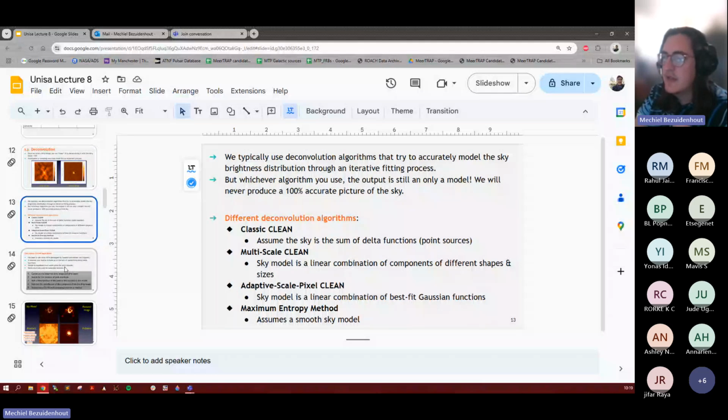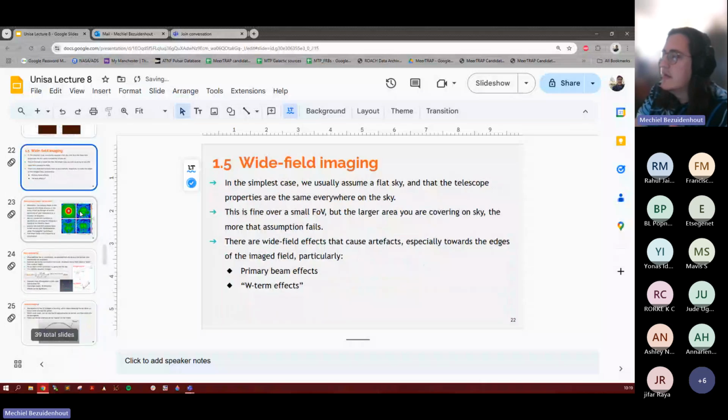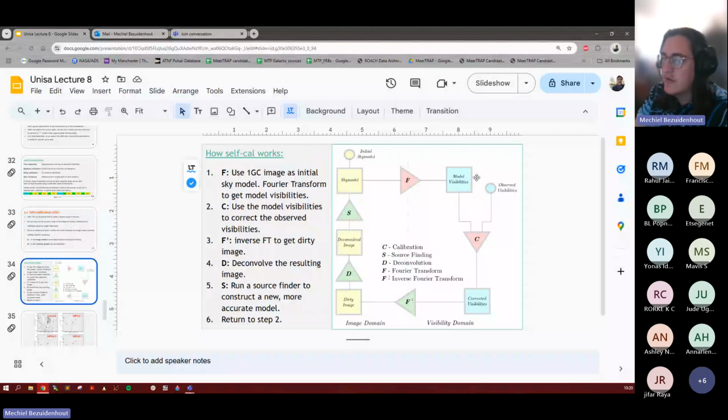2GC is about improving on this image using calibrations in the field itself. So when you do the Fourier transform, instead of doing the deconvolution once, which is the cleaning process, you do it iteratively, in a continuous loop.